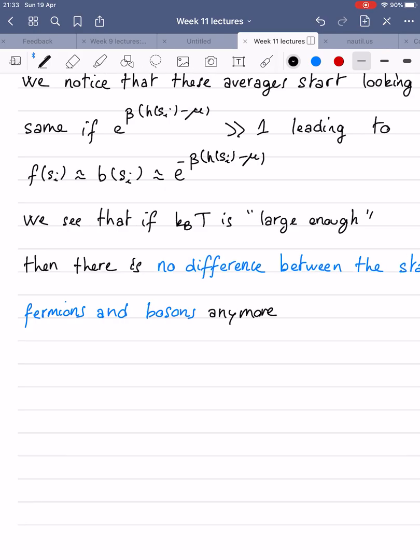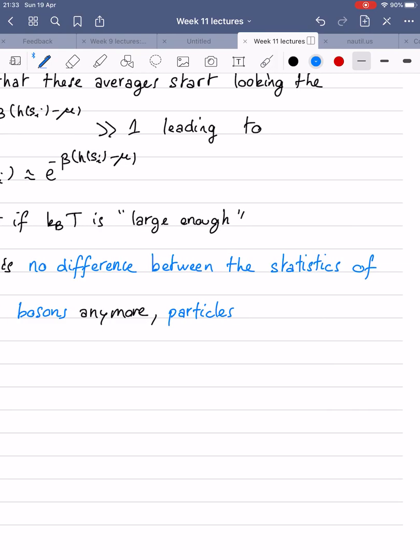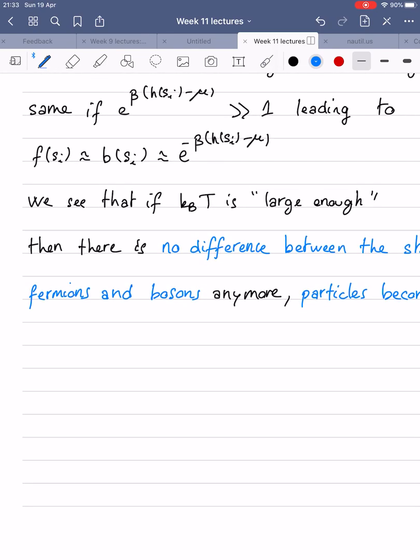The point here is that the particles in that case become independent. They become independent because when you start saying that bosons behave the same way as fermions, it's as if fermions didn't care anymore about which state they are in, etc. And we can try to understand what that means.